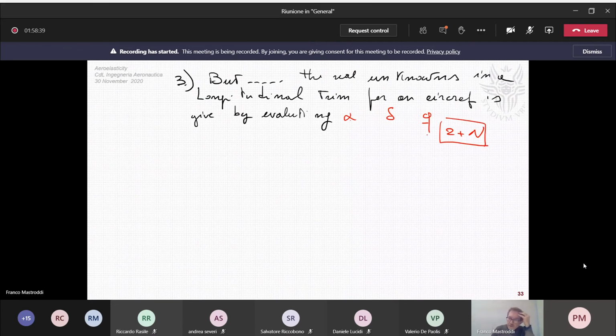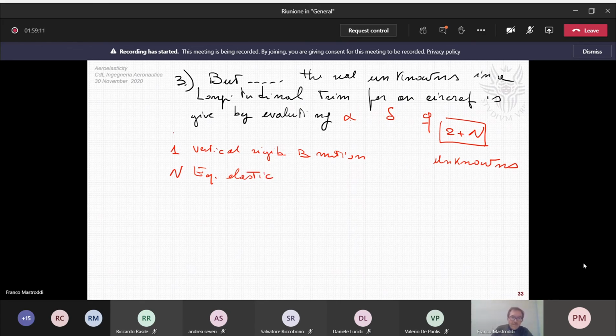So we have to add one more equation. And so we have one equation for vertical rigid body motion. We have an equation for the elastic part.